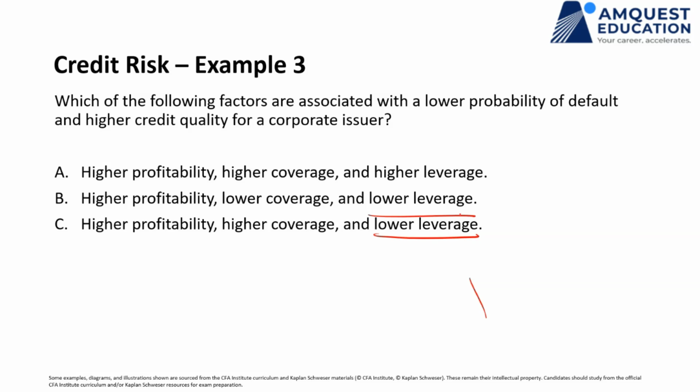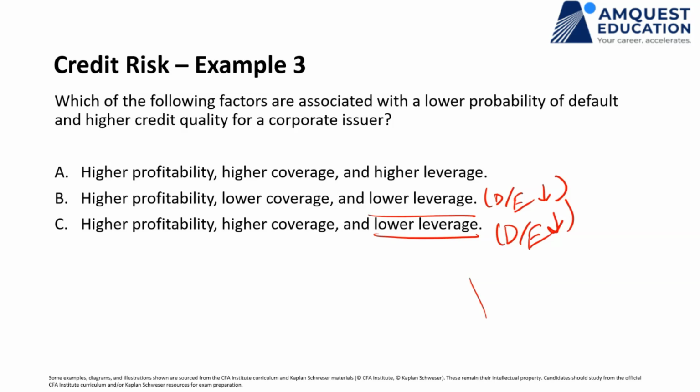If there is lower leverage, that means you are a better company. Lower leverage means your debt equity ratio is lower. And if debt by equity ratio is lower, that is a benefit for you. So it has to be between B and C. Now, which of them is the correct one?